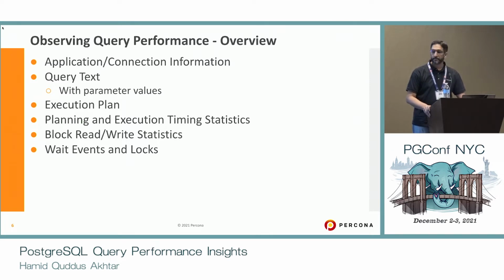So how much time was taken in planning, how much time was actually taken in execution, the kind of I/O or the operations for blocks were, so statistics on those are also important to understand because you might be fetching the same amount of data, but where you're fetching it from, whether it's from cache or whether it's from disk, that's also a key consideration when we are evaluating the performance.